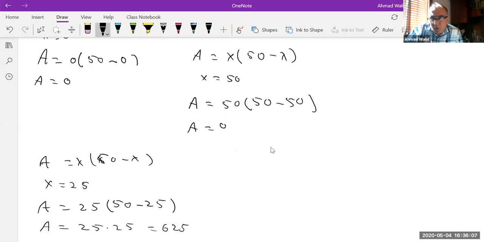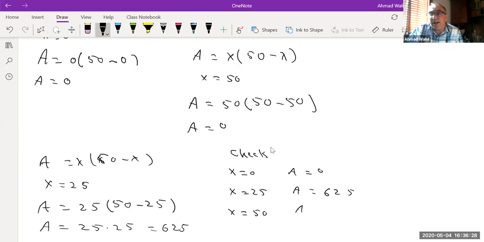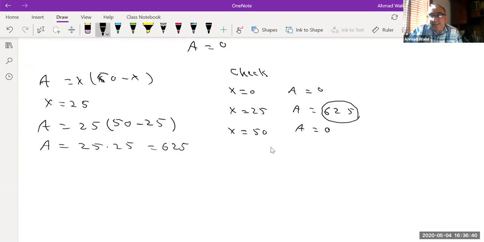You see, when x was 0, your area was 0. When x equals 25, your area is 625. And when x was 50, the other endpoint, your area was 0. Which one is the maximum? 625. Correct?